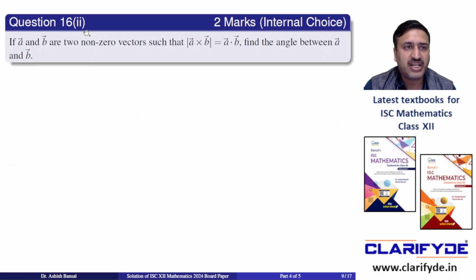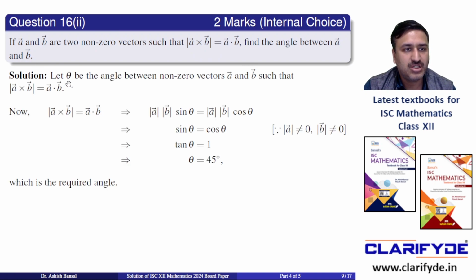Question number 16, second part. If A and B are two non-zero vectors such that mod of A cross B is A dot B, find the angle between the vectors A and B. So let us assume that theta is the angle between the non-zero vectors A and B such that mod of A cross B is equal to A dot B. Now using this equality, look at the left hand side, modulus of A cross B, it can be written as mod A mod B sine theta, and A dot B is mod A mod B cos theta.